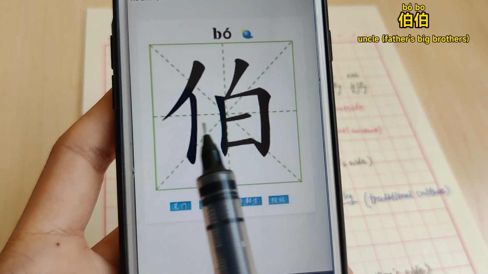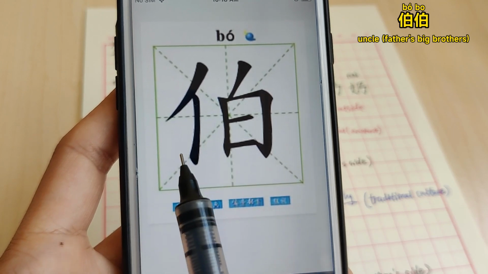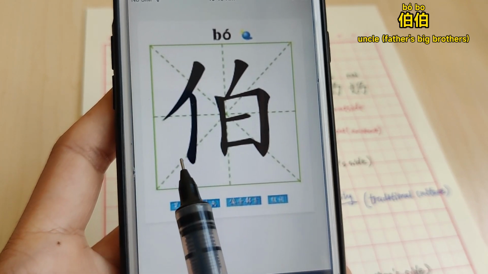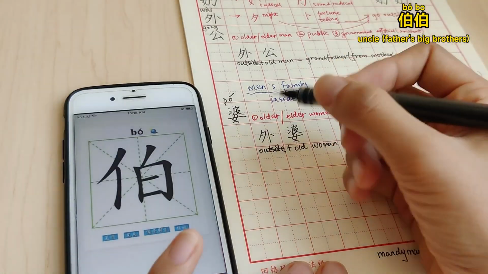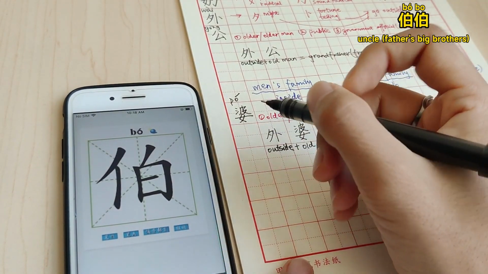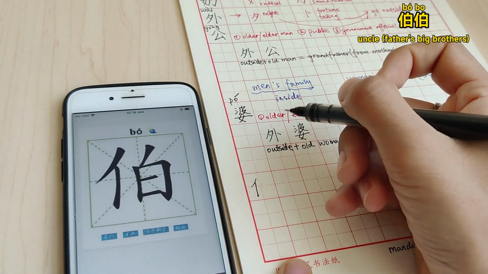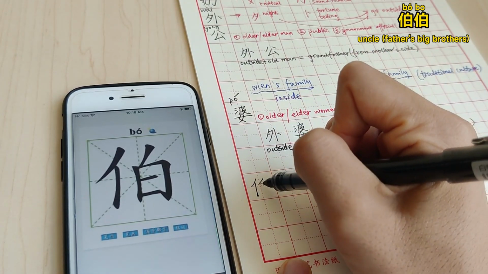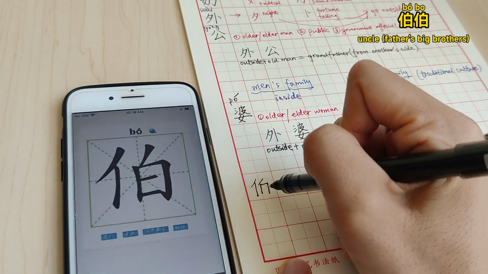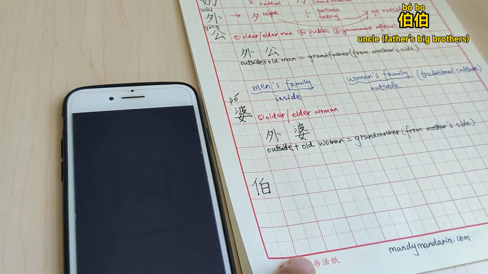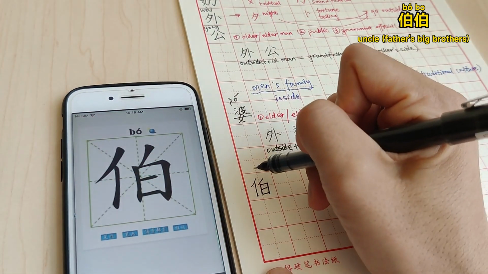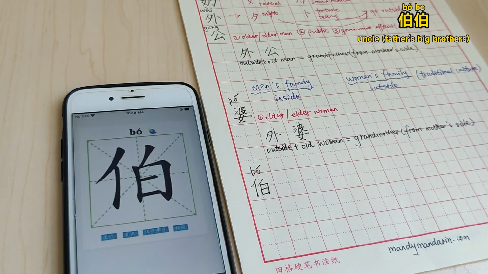It's a left-right structure. So on the left, you can see this is a people radical. Let's start from the left. 1, 2. And then the right. 1, 2, 3, 4, 5. Very good. This is 伯. Very easy.